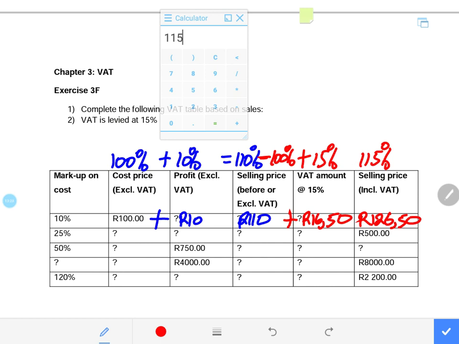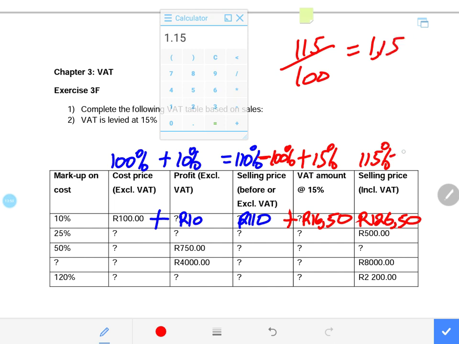So now if we want to calculate from the selling price before VAT up to the selling price after VAT, we can do that without having to show that 16 rand 50 cents calculation. How can we do that? We'll have to say 115 divide by 100. We want this in a decimal. It will be 115 divide by 100. This gives us 1.15.